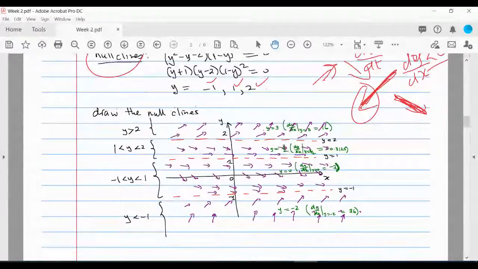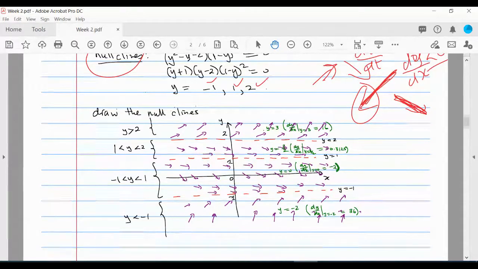So you go to your graph. y equals minus 1 is the lower red dashed line, then y equals 1 is the middle red line, and then y equals 2 is the upper red line.